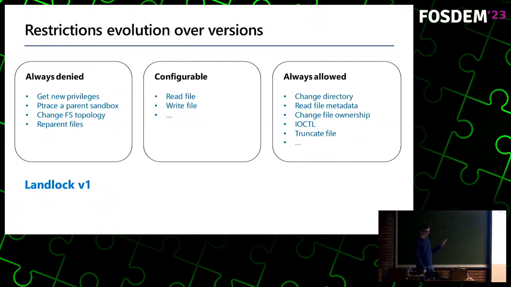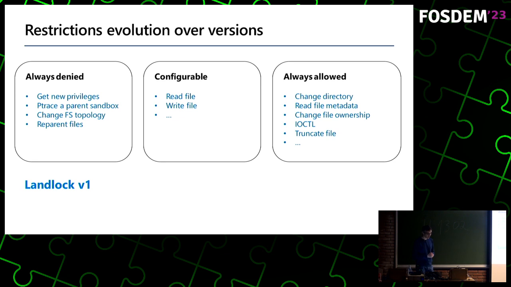The first version of Landlock, which was released with the 5.13 kernel, basically allowed restricting a lot of common file system actions, like read and write. But as you can see here, there are three categories. The first one, always denied, was for the first version of Landlock: the actions that were always denied whenever you sandboxed a thread.